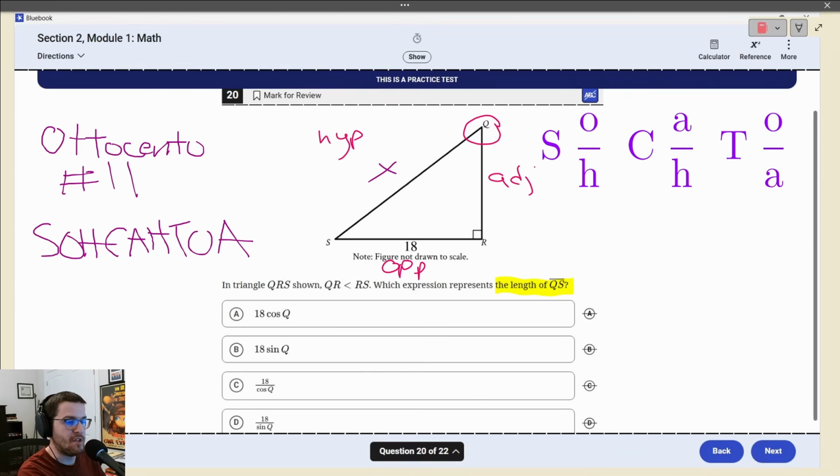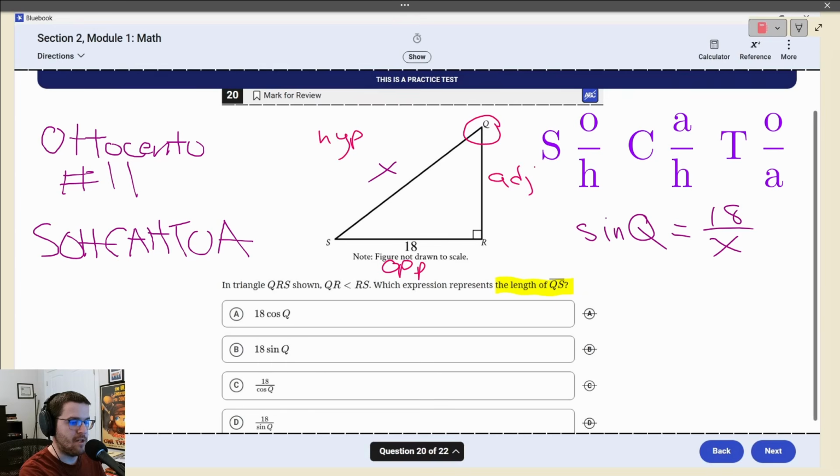So we don't have the adjacent labeled at all. So we're just going to use these two, opposite and hypotenuse, which we can see is sine. So we're going to do sine of angle Q is equal to opposite over hypotenuse, 18 over x. I go over this algebra when the x is on the bottom in that video.